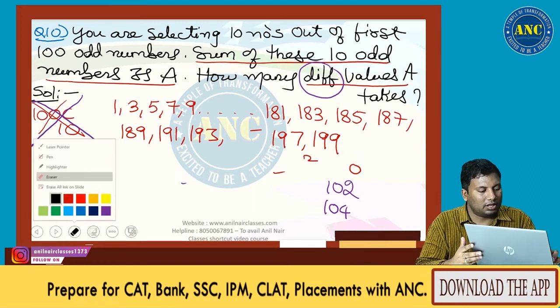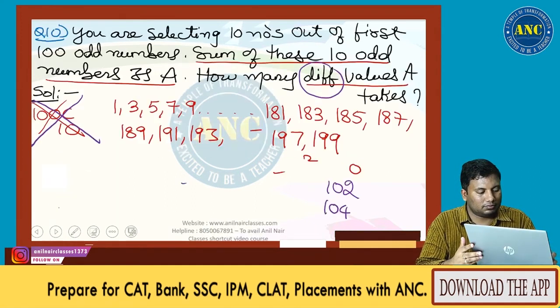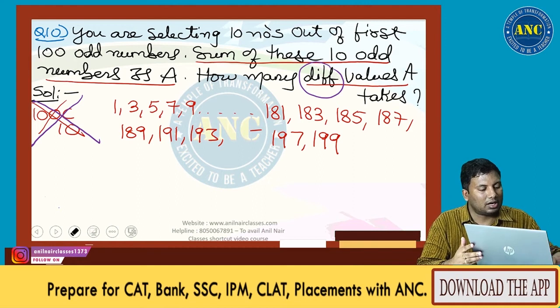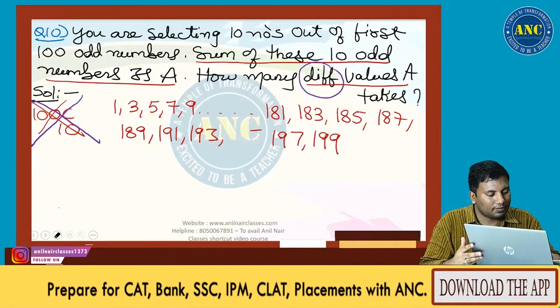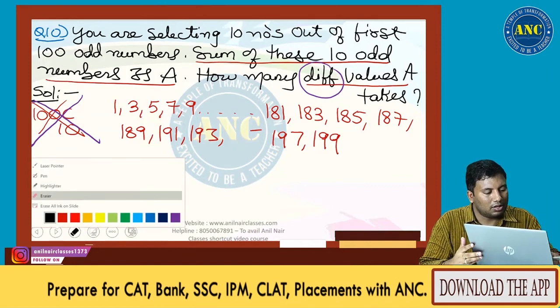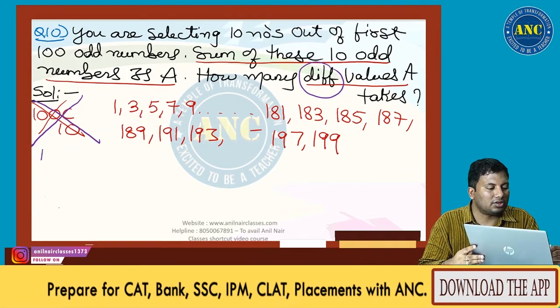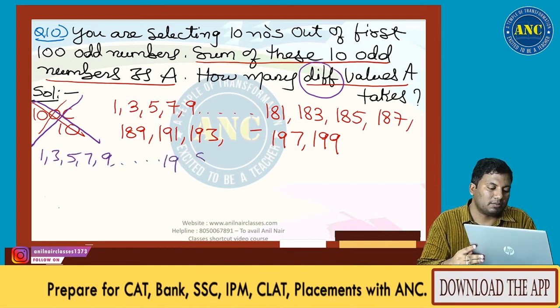Now I will find the lowest 10 odd numbers: 1, 3, 5, 7, 9 and so on up to 19. What is the sum I got?